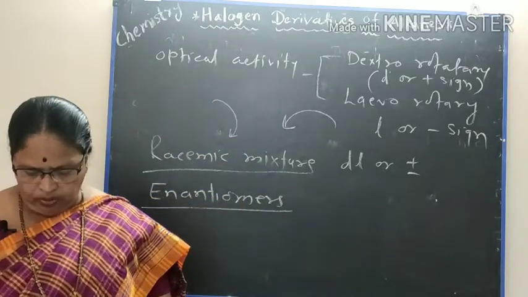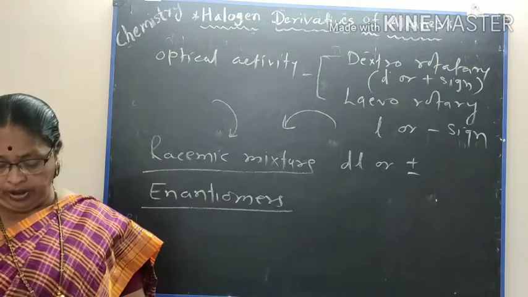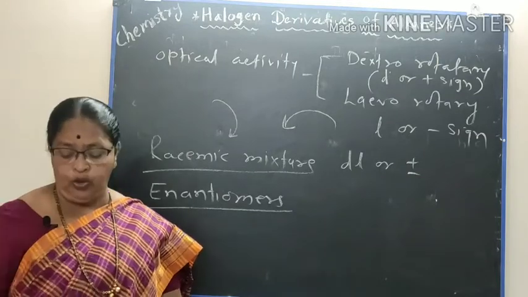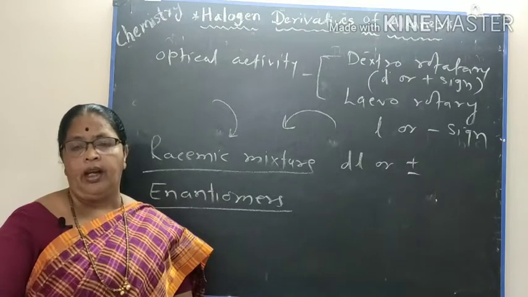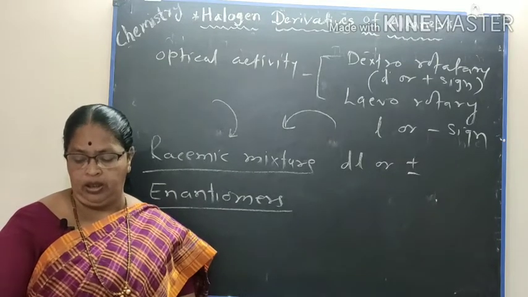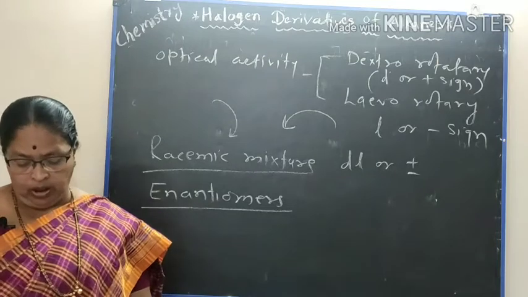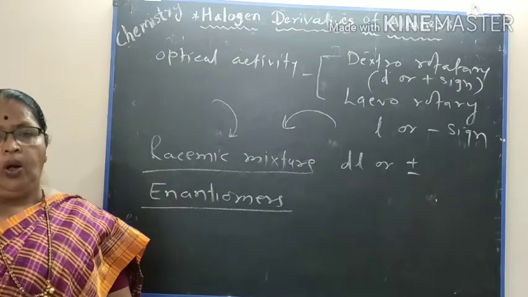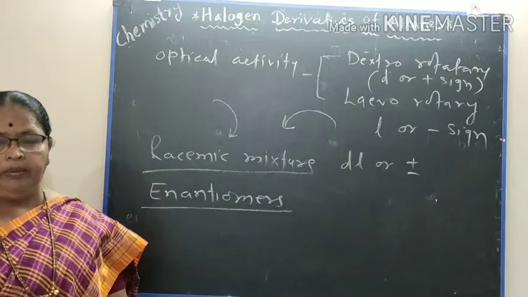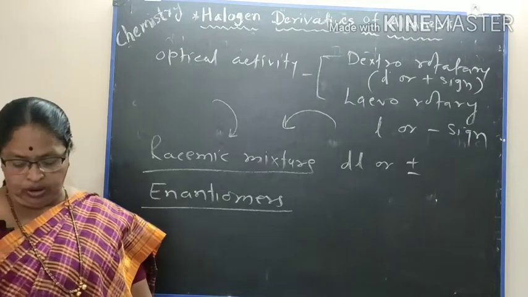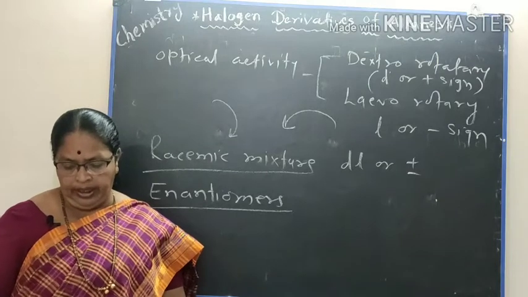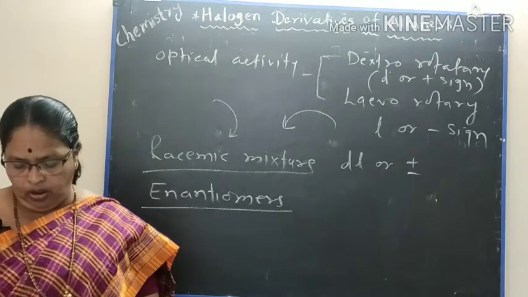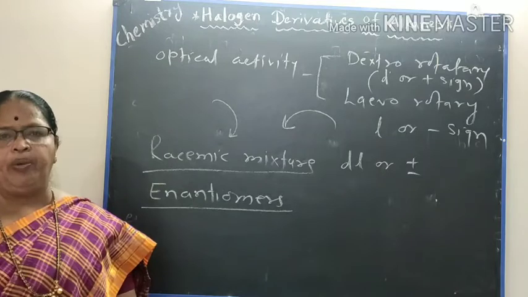The optical isomers which are non-superimposable mirror images of each other are called enantiomers, enantiomorphs or optical antipodes.